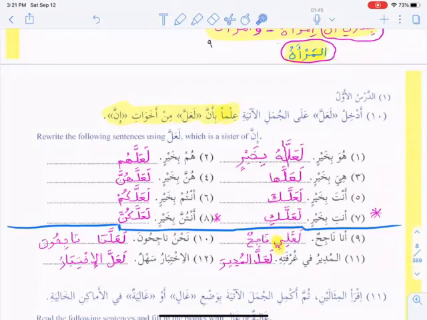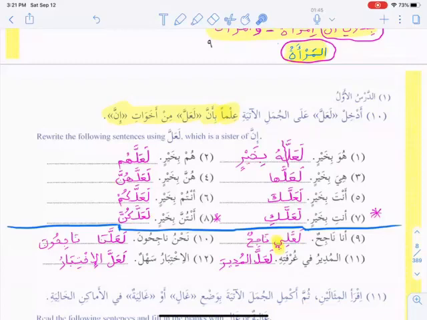Al-mudiru fi ghurfatihi. Now you change it: la'alla al-mudira fi ghurfatihi. Write it properly, inshallah. La'alla al-mudira fi ghurfatihi: I hope the mudir is in his room. Now this everybody wishes. What do we wish? Al-ikhtibara, that is the examination.